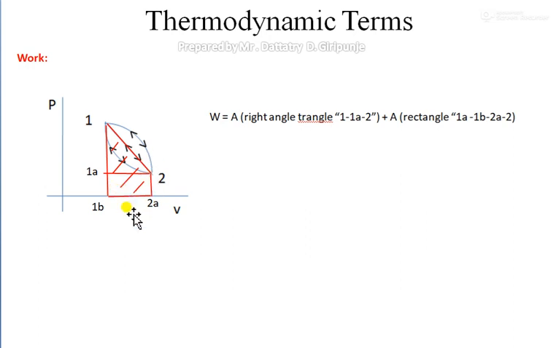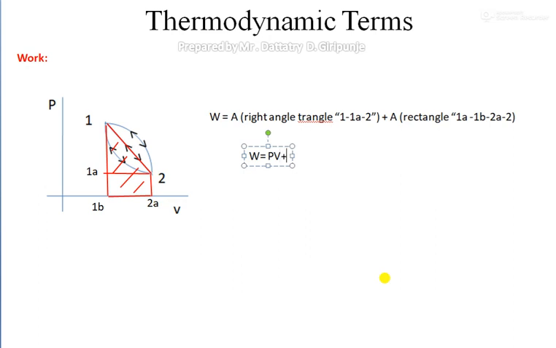Now you will ask me how the shaded area becomes work done. If you look at the unit of work, whenever I am calculating the shaded area, I am doing work equal to pressure into volume.